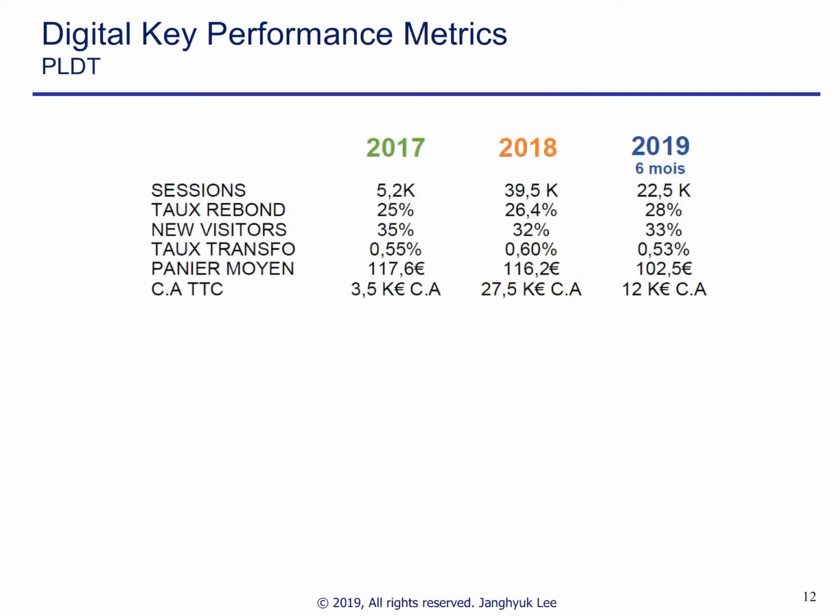Number of sessions, visits, it looks like it. How many people actually enter the store? Taux de rebondissement, which is the bounce rate. How many people, after entering the store without doing anything, just went out? They haven't done any more search, no more question, but went out.